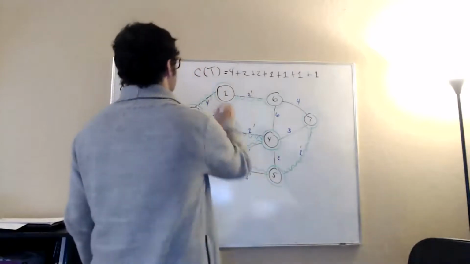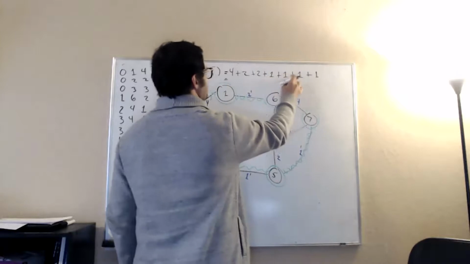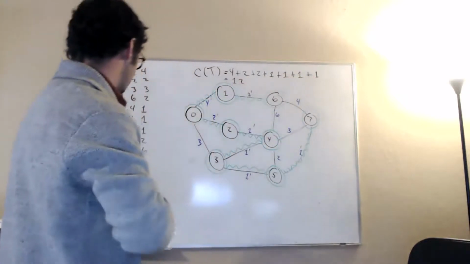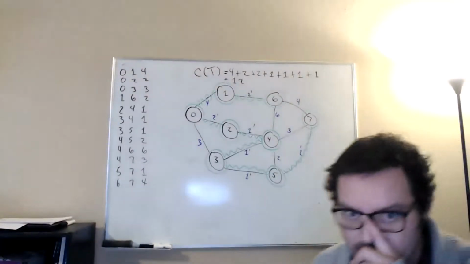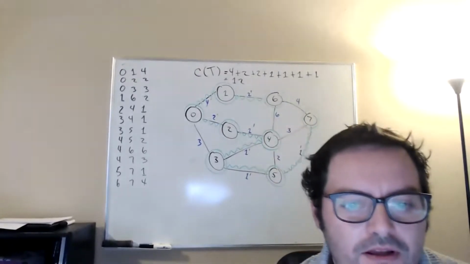All right, so what is that number? 4, 6, 8, 9, 10, 11, 12. All right, so if I counted correctly, that should be the minimum cost of the spanning tree, connected spanning tree on this graph.